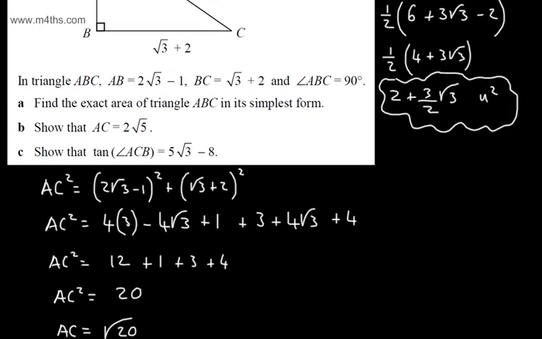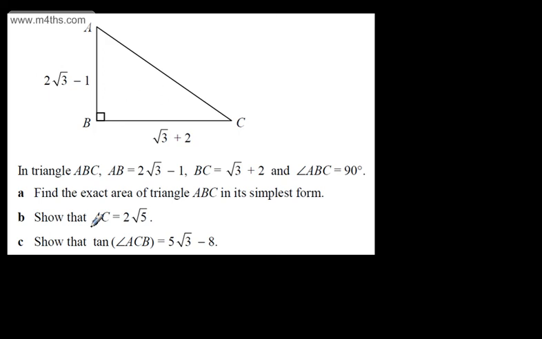Okay, let's move on and look at the next one. We need to show that the tan of the angle ACB is equal to 5 root 3 minus 8. If we look at this angle, ACB is this one just here. So relative to this angle, we can say that this one is the opposite and this one is the adjacent.